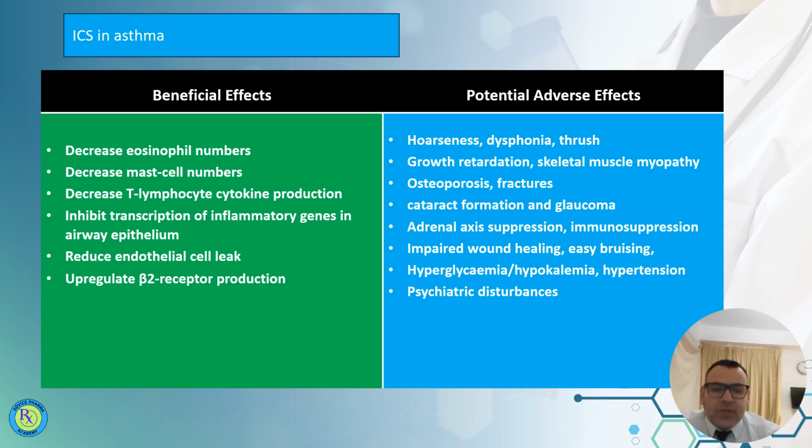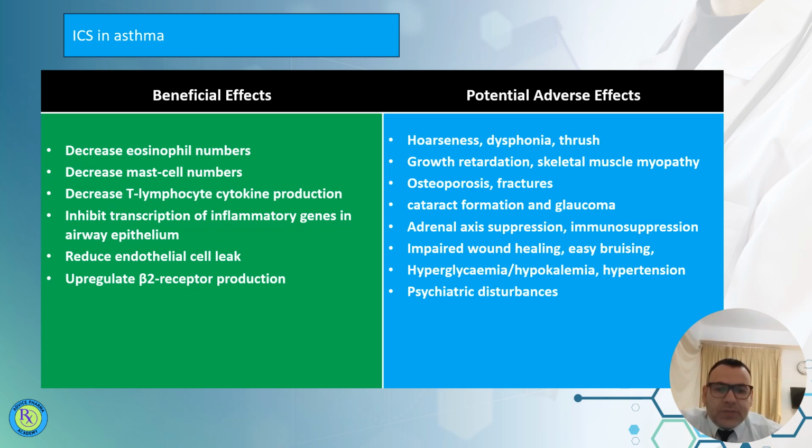So for patients with asthma who are using steroid, it's very important to counsel them to wash their mouth after using the inhaler. Growth retardation, skeletal muscle myopathy, osteoporosis and fracture, all these are side effects commonly seen with steroid, and they can happen with inhaled steroid like systemic steroid also.